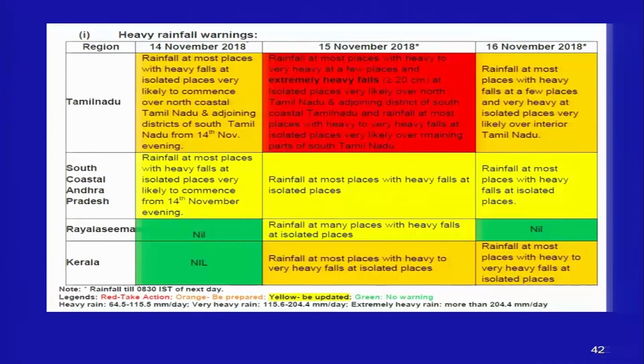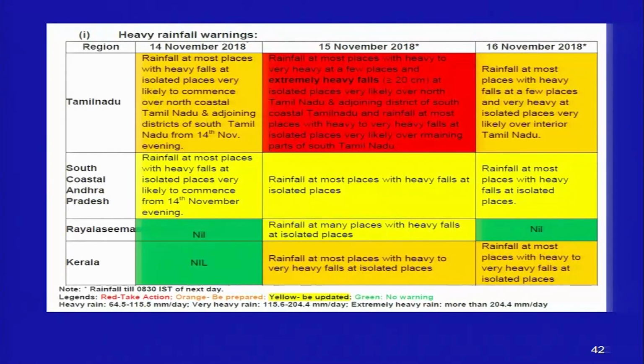At the same time, along with that, there is other information, and this table shows the heavy rainfall warnings which were issued from 14th to 16th, and the 15th has been shown by the red box.